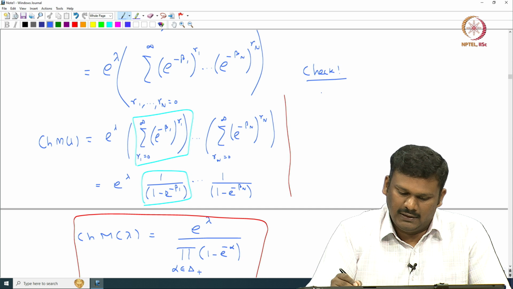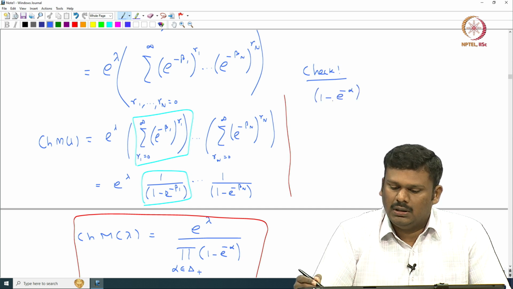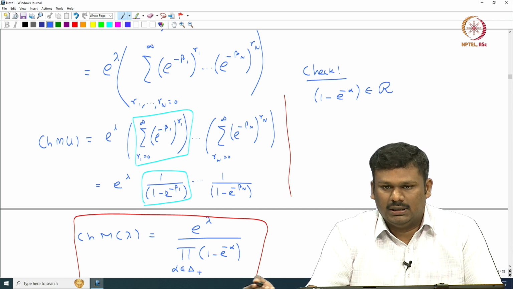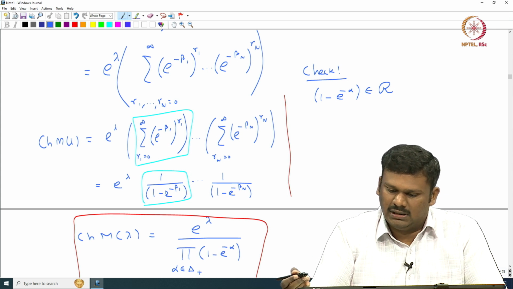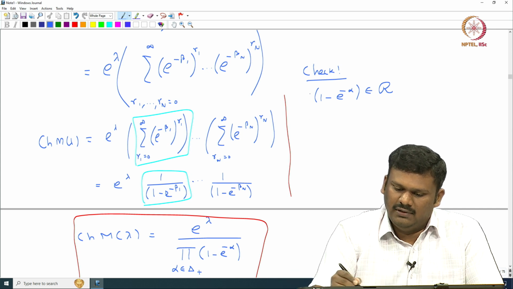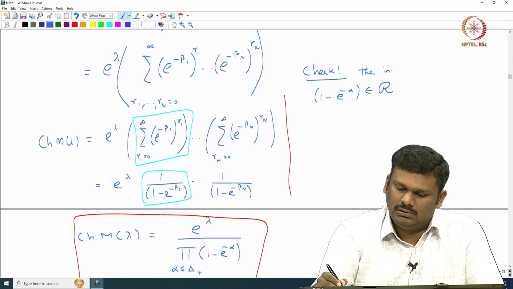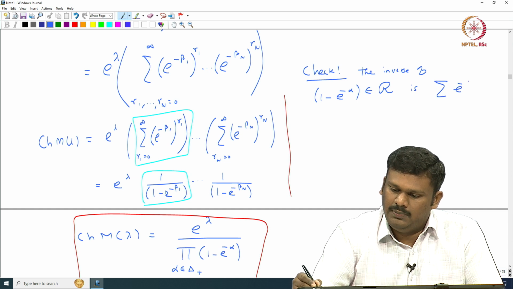So, if I take this 1 minus e power minus alpha inside our ring, it is there because this is just a finite sum, and minus alpha is an element of H star. So, 1 minus e power minus alpha is there in the ring. The inverse of this is nothing but summation e power minus r alpha, r ranging from 0 to infinity.